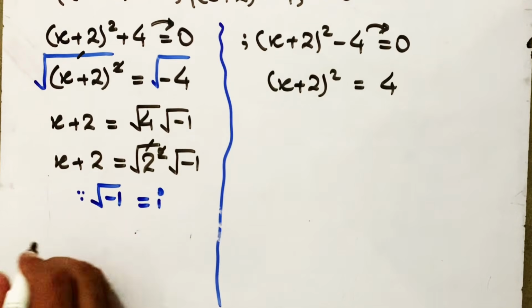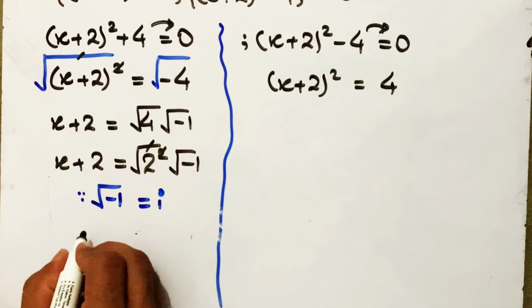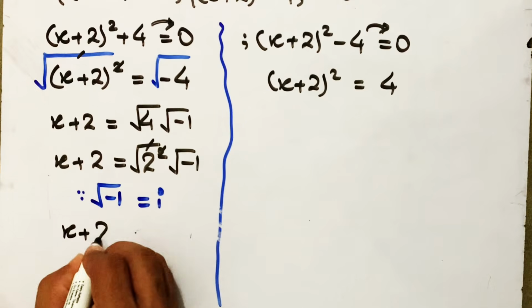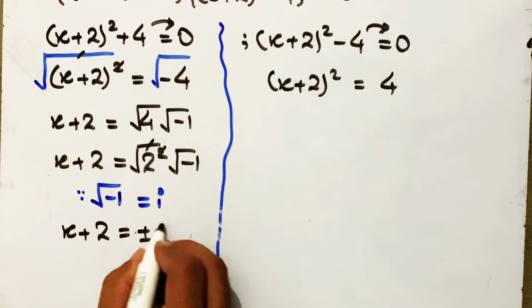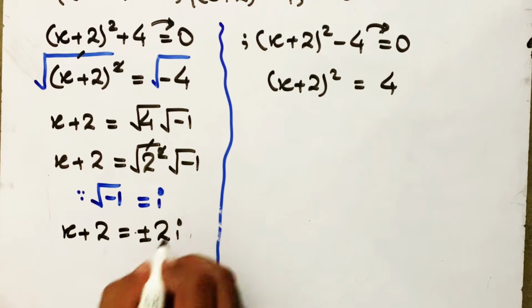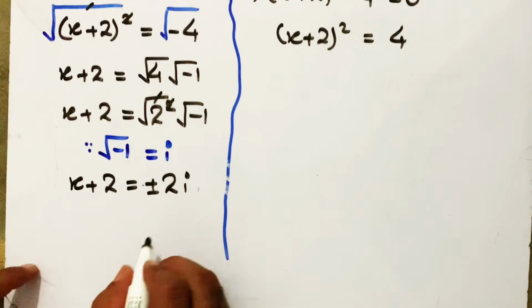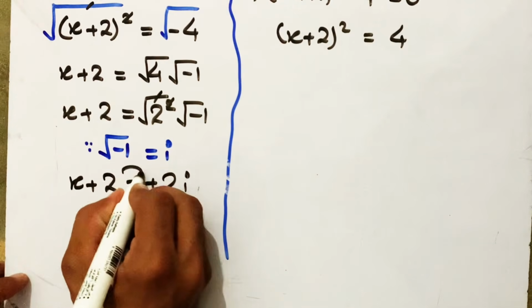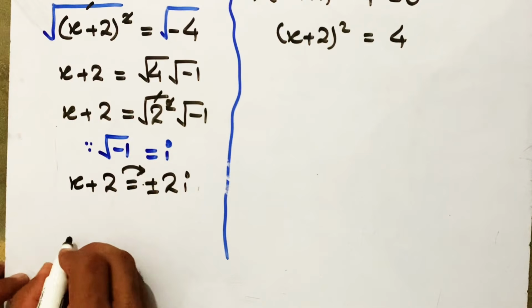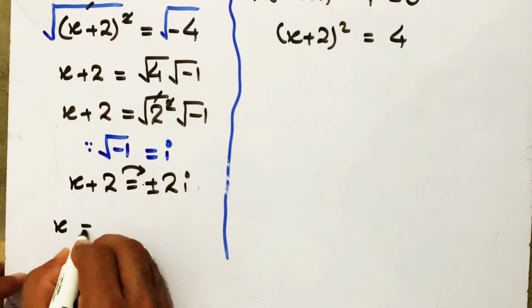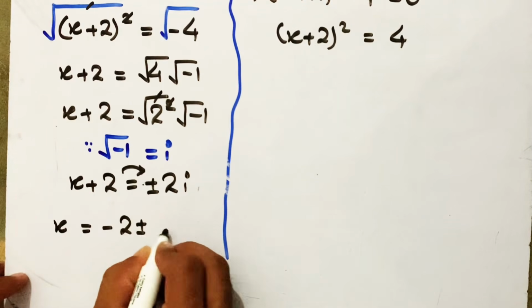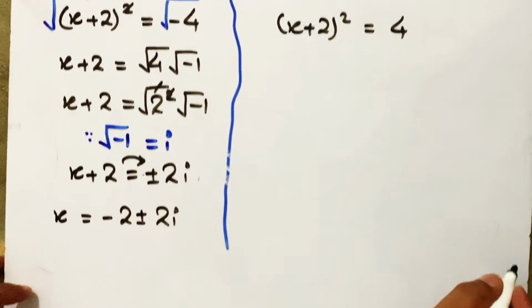So our equation becomes x + 2 = plus or minus 2 iota. The positive goes to the opposite side and becomes negative, so x = -2 plus or minus 2 iota.